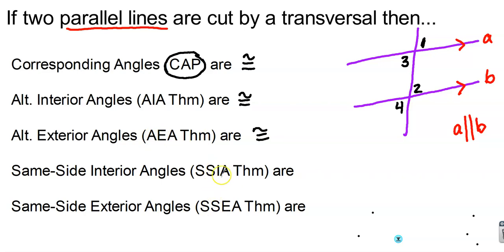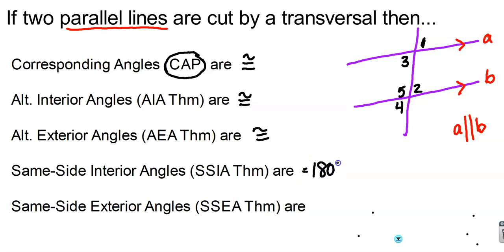Okay, the last two are same side, guys. Same side interior, they'd have to be on the same side of the transversal and both on the interior, so 3 and 5. Same side interior kind of make that U pattern, remember? And if the lines are parallel, remember that has to be true, then same side interior, they were not congruent, but they were supplementary.